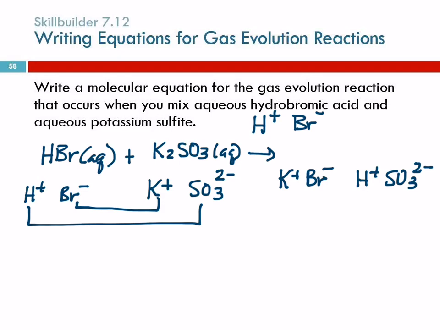Based on the charges of the ions, I'm going to put them together and write molecular formulas. So I'm going to get KBr, and is that aqueous? Yeah. Potassium compounds are always aqueous. They're always soluble. And then here I've got 2 and 1. So we do the crisscross thing, and we get H2SO3.